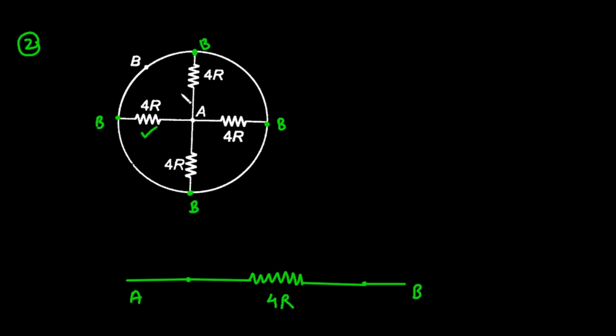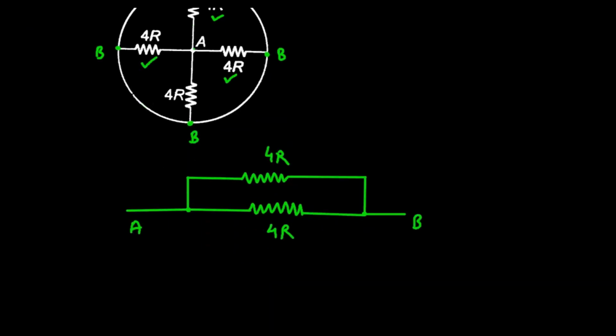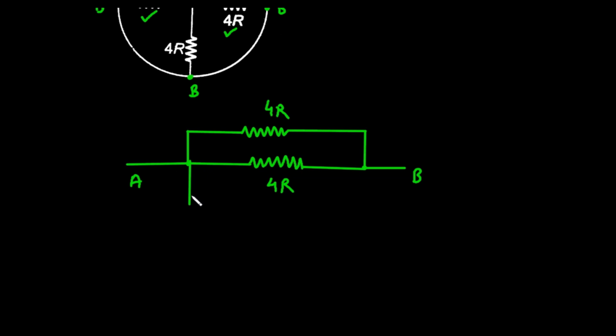Now next, again between A and B, this is 4R. So let's add again 4R. So this is also completed. Now similarly between A and B again there is 4R. So let's add here.